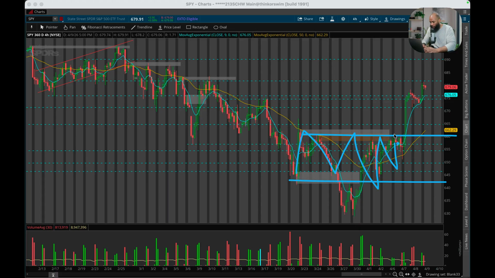Once we break this range, hinting at opening range breakout, then we could expect the market to continue pushing up. This move here was that Trump announcement. The market went straight up overnight, then pulled back and continued to move up.